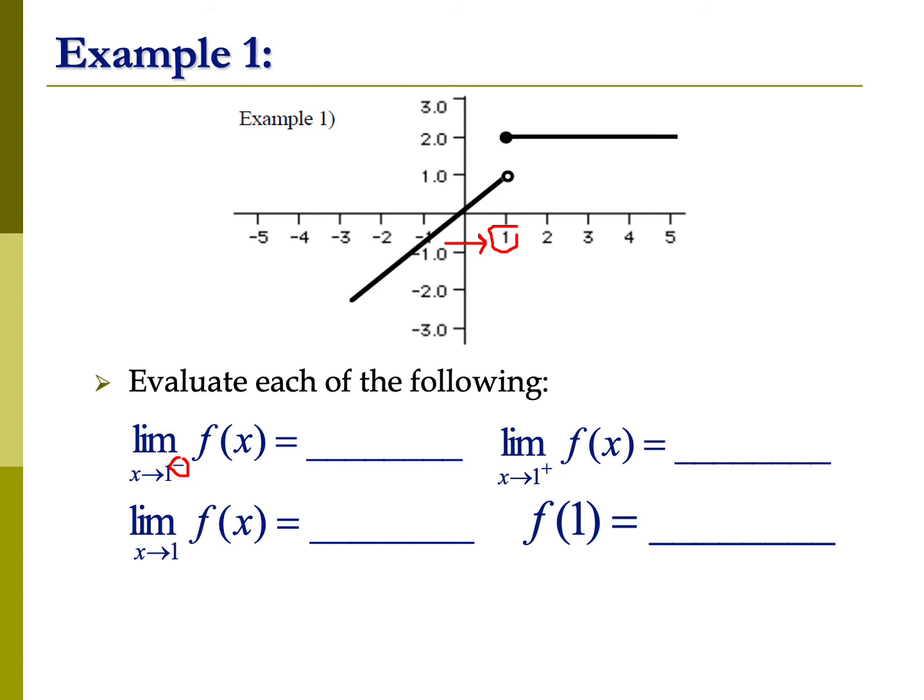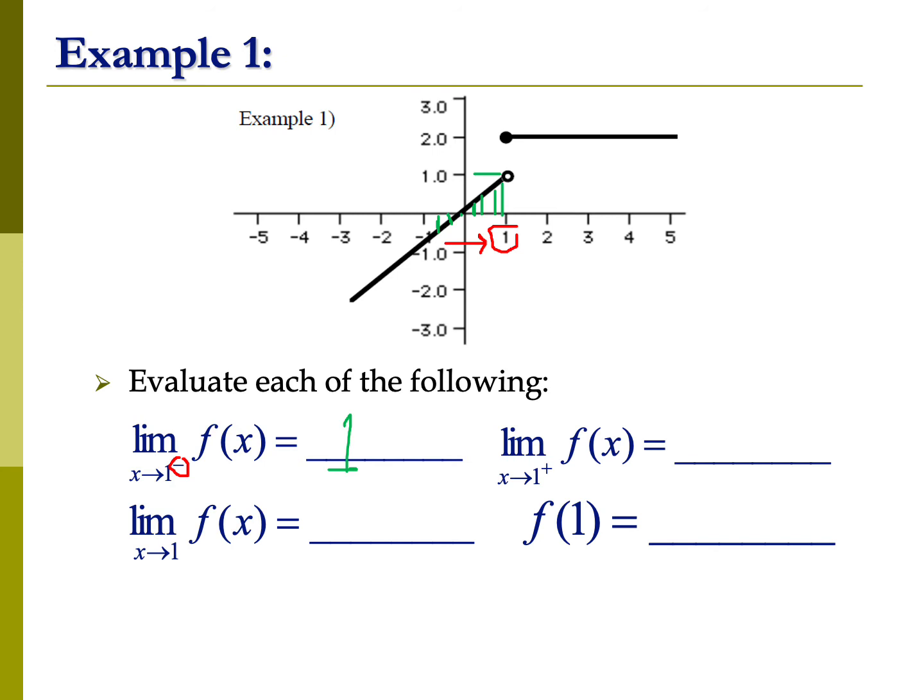If I start with the first height, this is the first one. Then when I move here, this is the second height. Then it becomes 0. Then the height becomes a little bit smaller, half or like that. Look at the heights, they are moving towards this point. That means from the left, the limit equals 1.